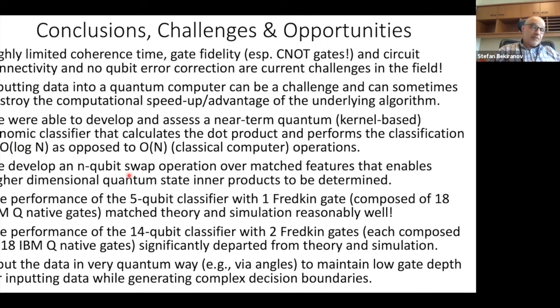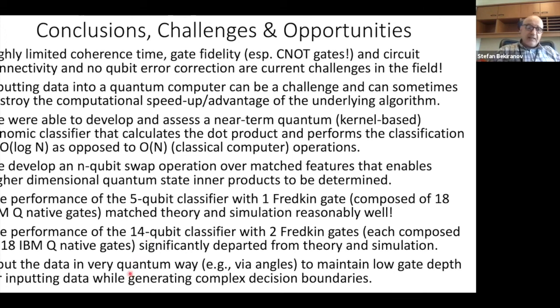And we also developed an n-qubit swap operation, which is relatively novel. We executed this on a 5 qubit quantum classifier, and we found that the performance was reasonably good with 1 Fredkin gate composed of 18 IBM native gates, but it failed miserably with 2 Fredkin gates. So that's one gross measure of where we were, and this was a little over a year ago.